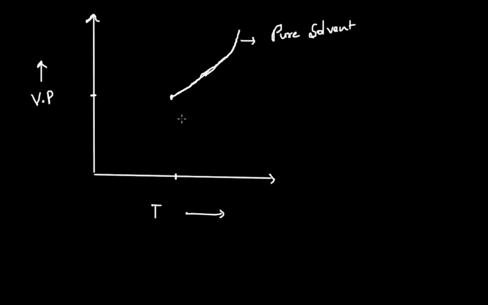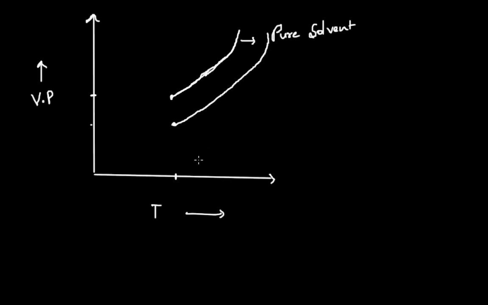Now for a solution, what happens? Since vapor pressure decreases, for a solution the vapor pressure is lower because it has a non-volatile solute. And even for a solution, as the temperature increases, its vapor pressure increases. Now, what is your boiling temperature?